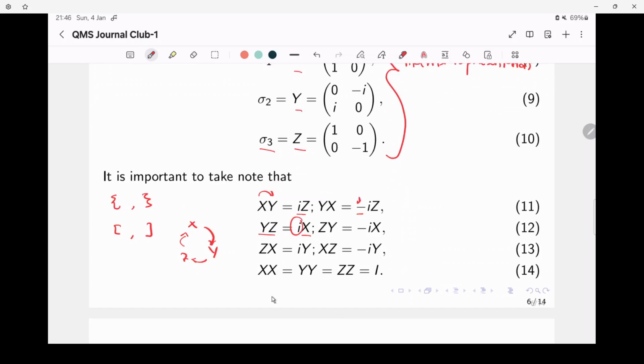So that's how you memorize this. And the last thing is that if you multiply XX, YY, and ZZ together, you get identity. So this is what you need to know.